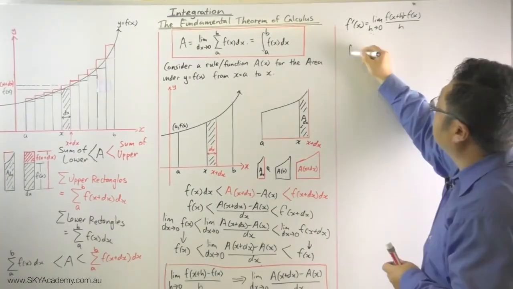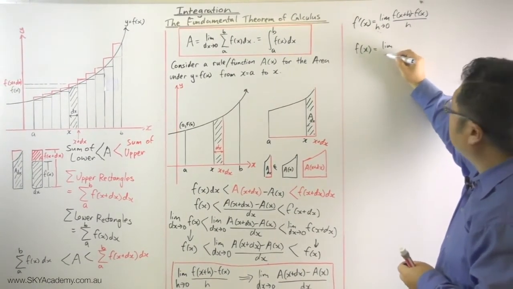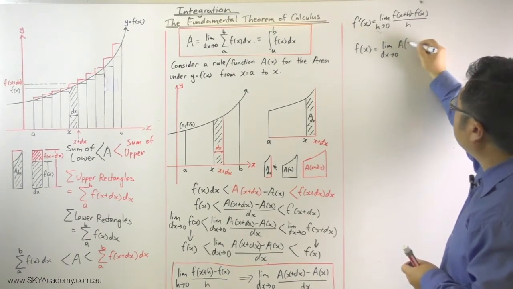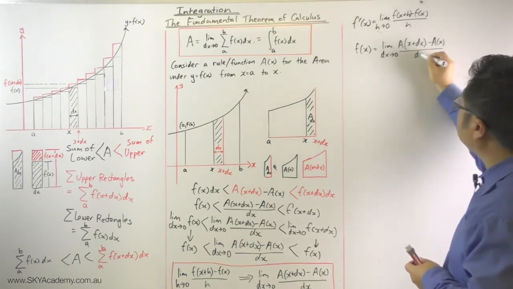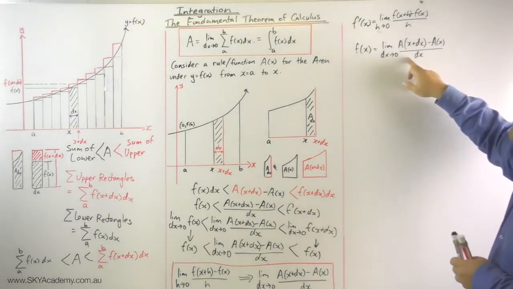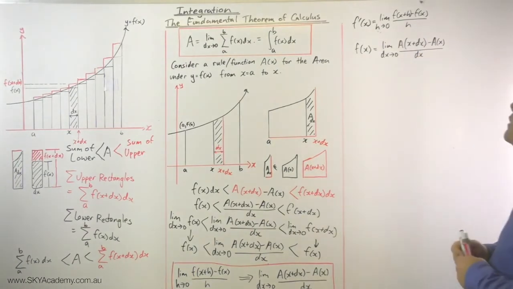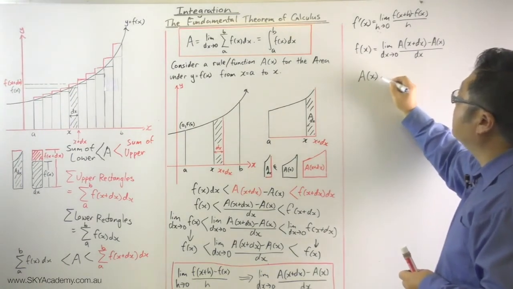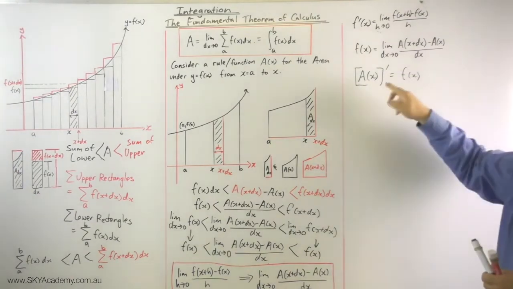So you've got f of x equaling the limit as d of x approaches 0 of a of x plus d of x minus a of x all over d of x. Okay? Now, what this basically means is that the derivative of a of x is equal to f of x, right? That's essentially what it means.